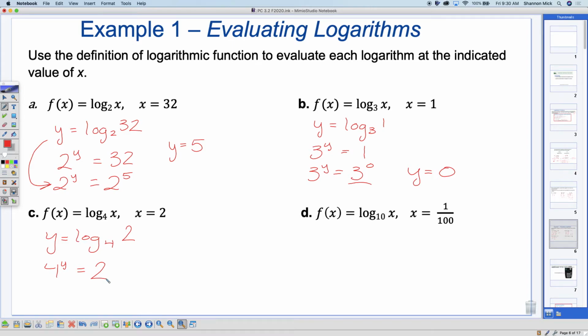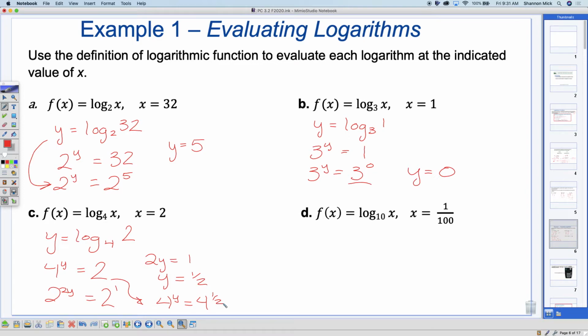So you could do 2 to the 2y equals 2 to the first. So 2y equals 1, so y equals 1/2. Or you could have said 4 to the y equals 4 to the 1/2. Either one of those, use it. Got it?